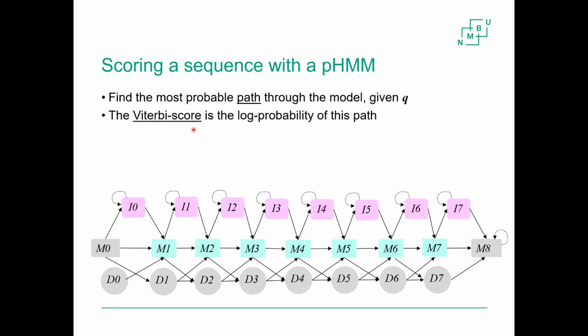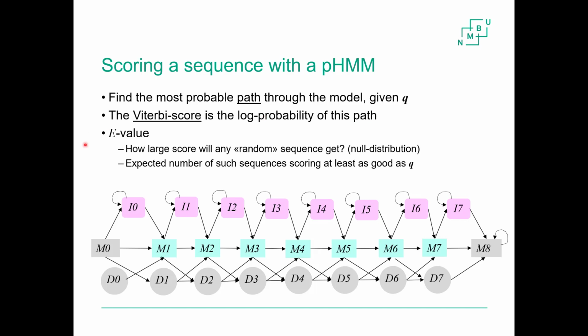So the Viterbi algorithm is what we will look at now. What is called the Viterbi score is actually the log-transformed probability of this path. Notice that behind all arrows there is a probability. So the probability of a path is simply the product of all these arrow probabilities. If this is as big as possible, the better score we have. The score is this probability, log-transformed, but that's just for mathematical convenience.